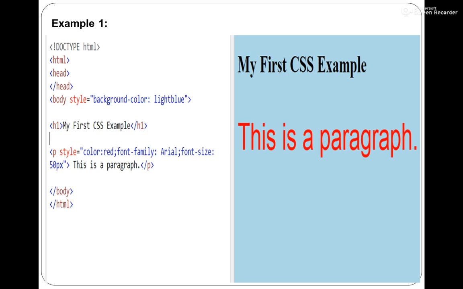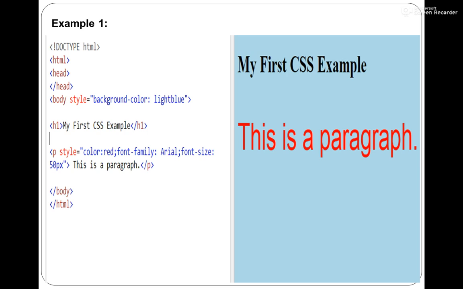Since it is a style attribute, you can definitely say that it is an inline type of CSS. Agree? Whatever styling you have to give is mentioned in double quotes, given as a value to the style attribute. What is given: background color should be light blue. Hence you can see on the right side the output has a light blue background color.